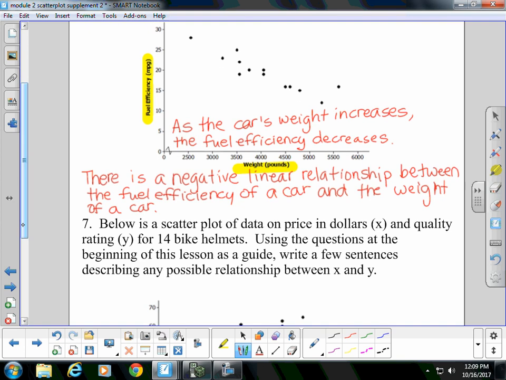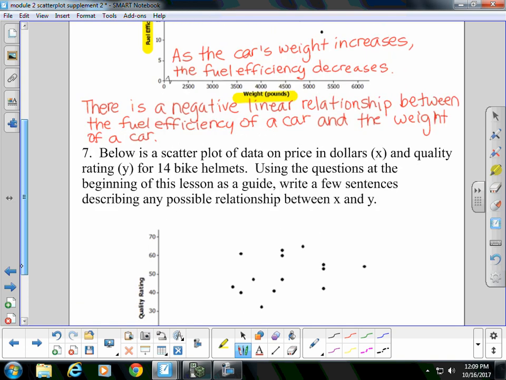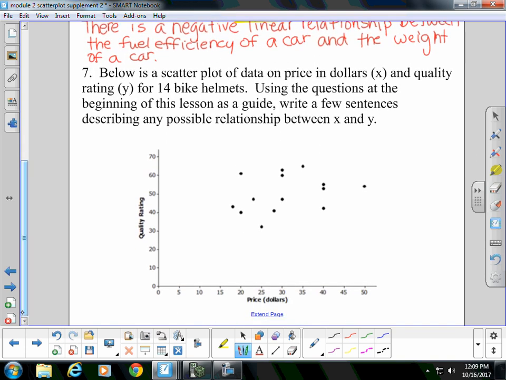Okay, number 7, it says below is a scatter plot of data on price in dollars and quality ratings of 14 bike helmets. Using the questions in the beginning of the lesson as a guide, write a few sentences describing any possible relationship between x and y. Does it look like there's a relationship between price in dollars and quality ratings? This one's looking pretty scattered to me.